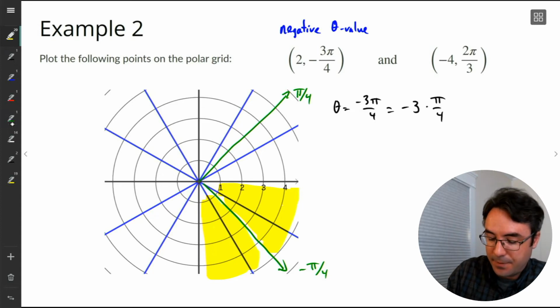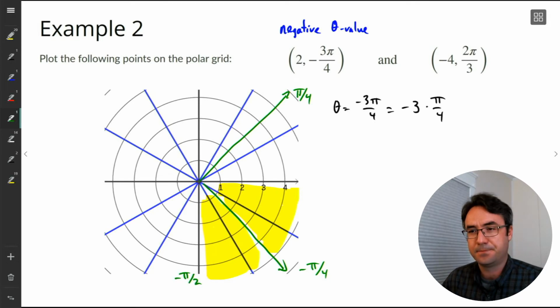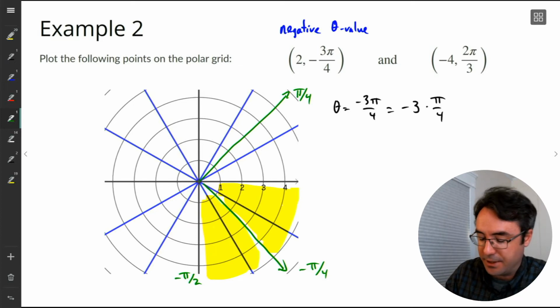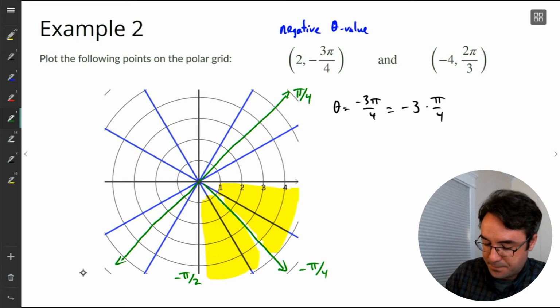And that would take us to negative pi over 2. So we've seen that we can represent this negative y-axis with 3 pi over 2, but we can also use negative pi over 2. And then we want 3 wedges. Let's get another wedge here. So let's rotate another pi over 4 units clockwise. And we can see we're going to end up over here.